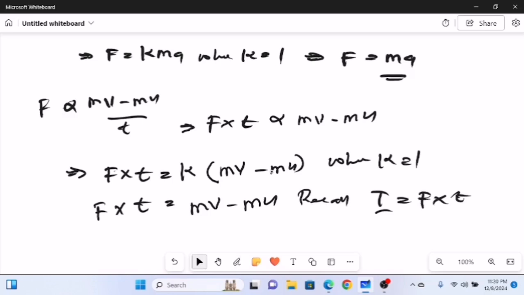So you see that the change in momentum simply gives us impulse, which means impulse is another way of expressing the change of momentum. This is how impulse relates to momentum, and it can be found from the use of the second law of motion.